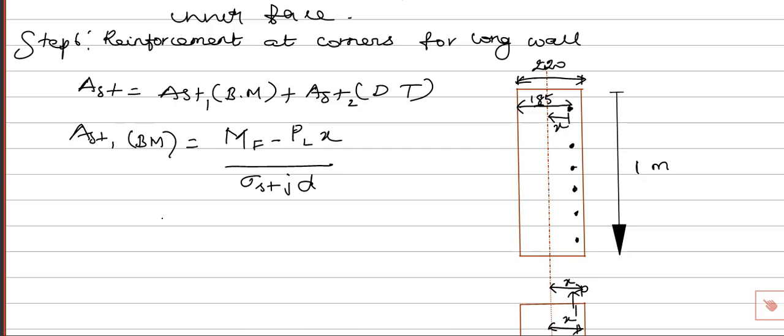So let's find out X. X is equal to 185 minus 220 divided by 2, which is equal to 75 mm.